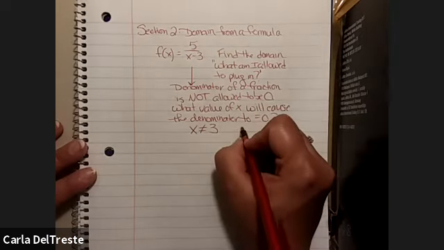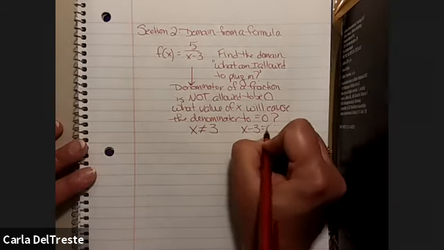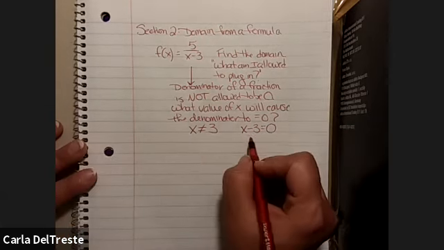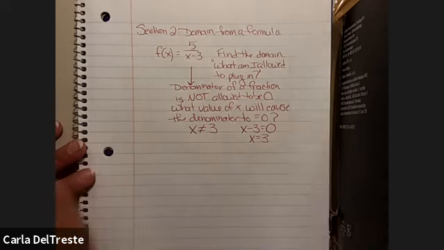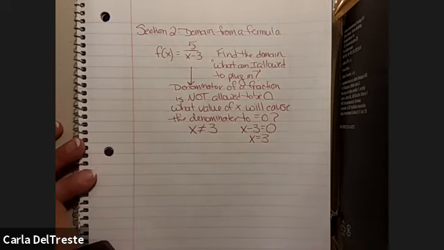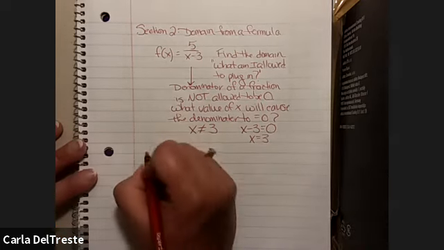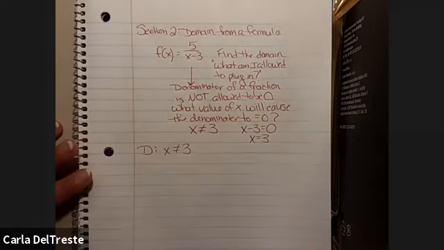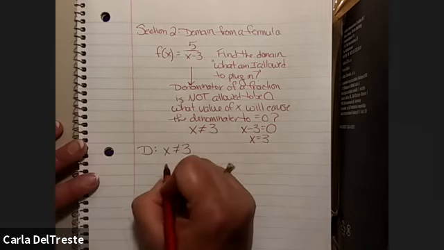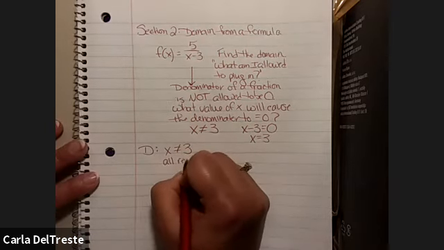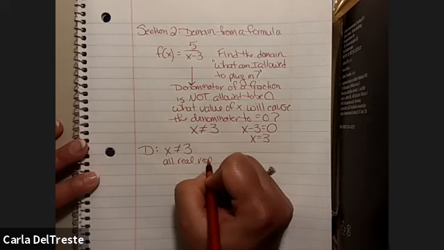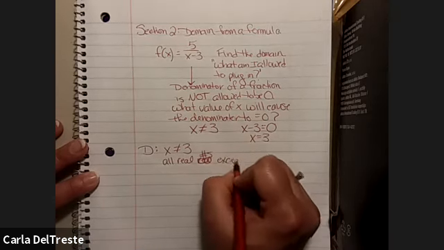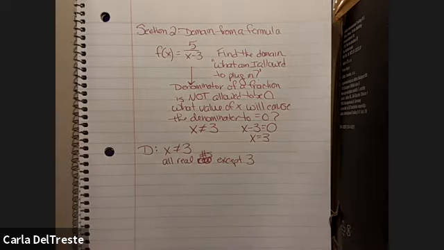Because if we want to know when x minus 3 equals 0, that's going to equal 0 when x equals 3. And so now we know that's a bad number. So the domain, you can simply write x can't equal 3. Or if you do prefer to write in words, you can say all real numbers except 3. So it could be anything else but 3.